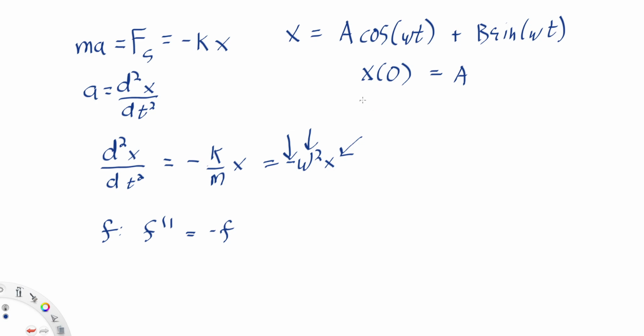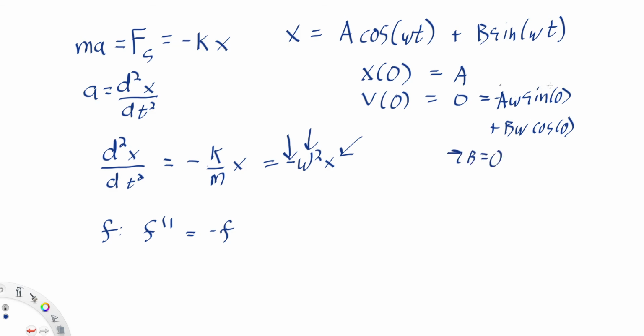We also have that the velocity at time 0 is 0, right? So if we take the derivative of this possible sum, we get minus a omega times sine of 0 plus b omega cosine of 0. And that tells us that b has to be 0.